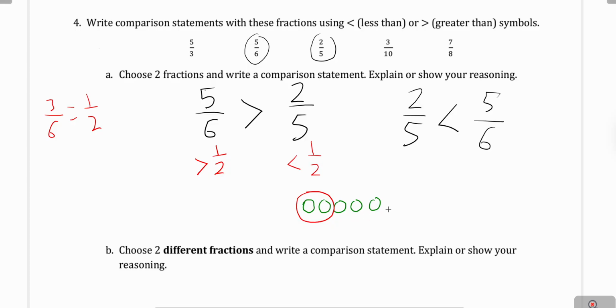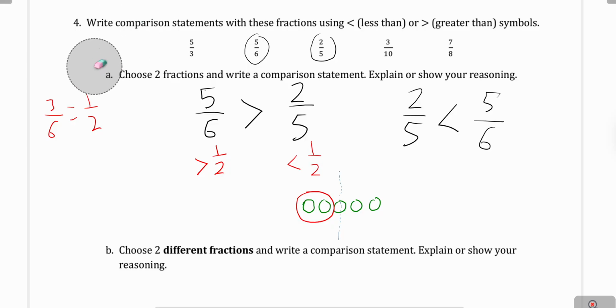Well, I have less than half. Because half of 5 is neither 2 nor 3, but it is about 2.5, right? That is half of 5. So 2/5 is less than half. So a fraction that is more than half is greater than a fraction that is less than half.